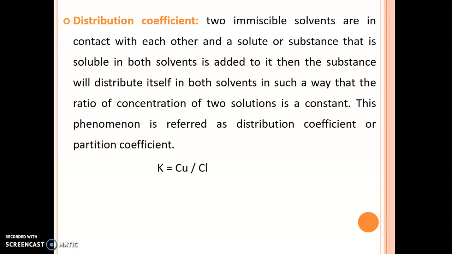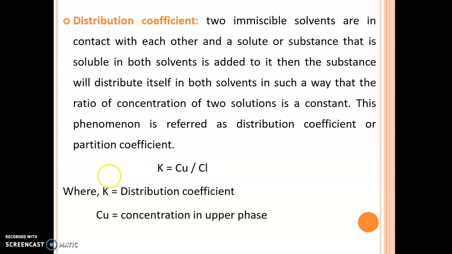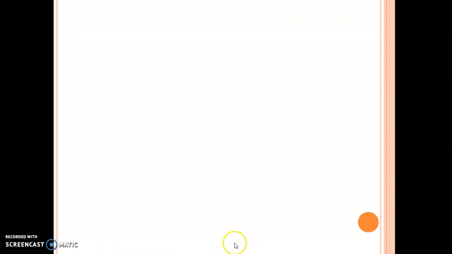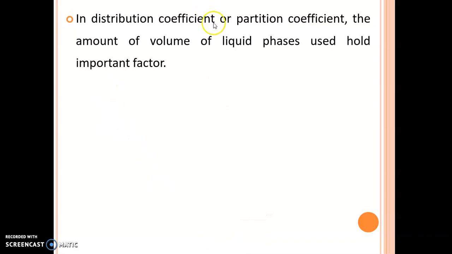It is mentioned by the equation K = Cu / Cl, where K is the distribution coefficient, Cu means concentration of solute in the upper phase and Cl means concentration of solute in the lower phase. In distribution coefficient or partition coefficient, the volume of the liquid phases used is an important factor.